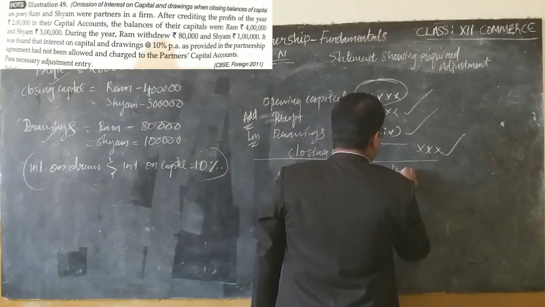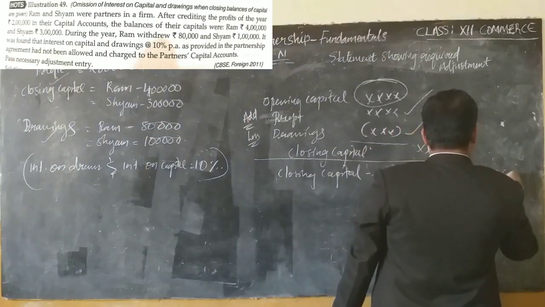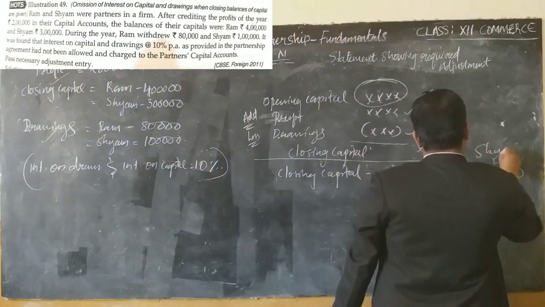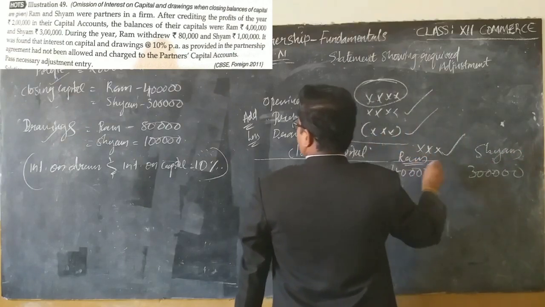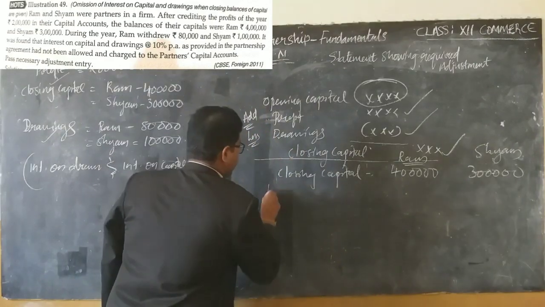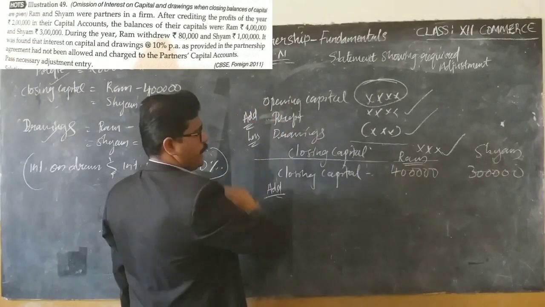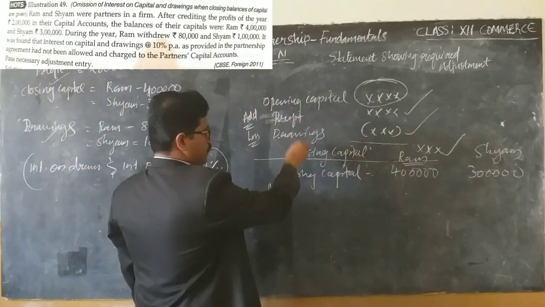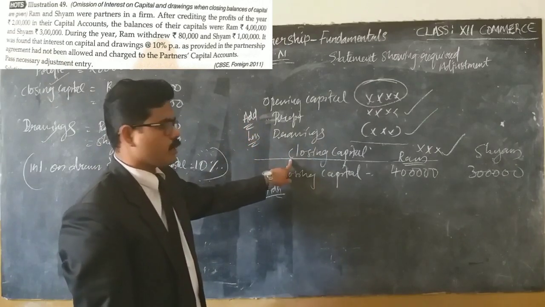Okay, so 4 lakh, then 3 lakh. Two columns I want to make here, Ram and Shyam. Ram 4 lakh and Shyam 3 lakh. Then add drawings. Why are we doing the reverse form? To find out the opening capital only. As per our format, opening plus profit, less drawing, gives closing capital.